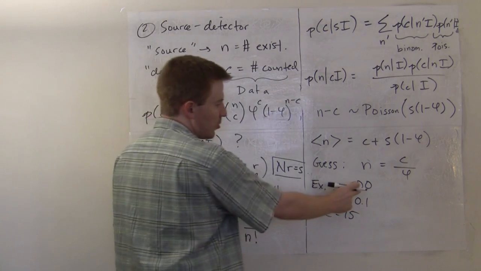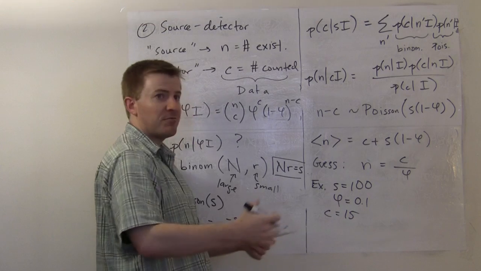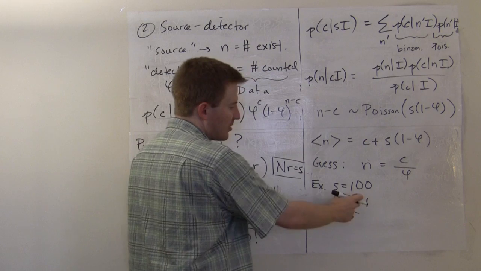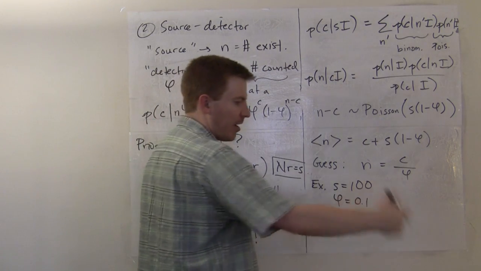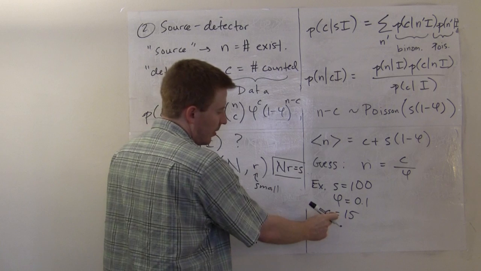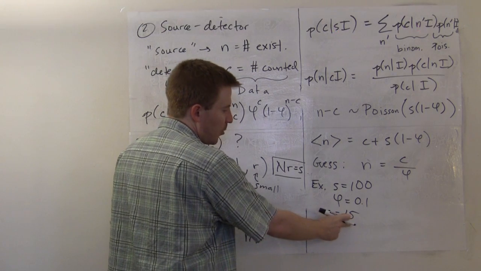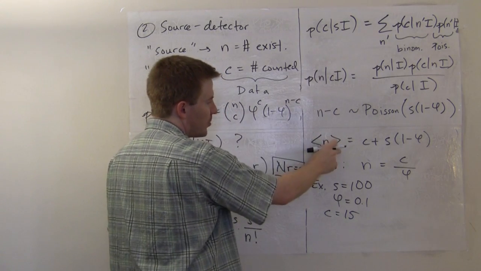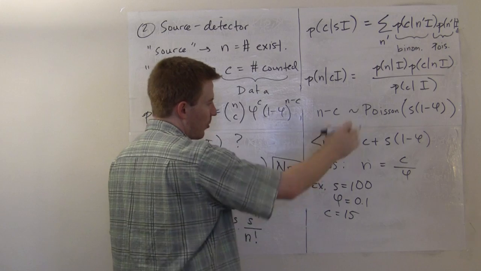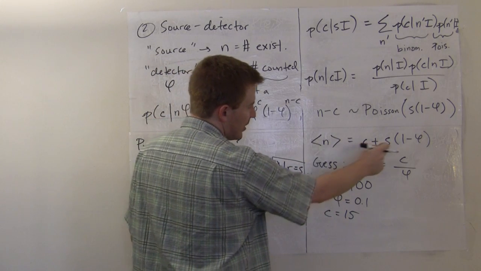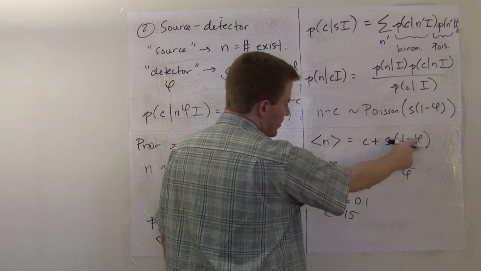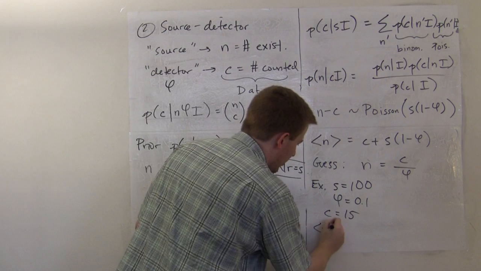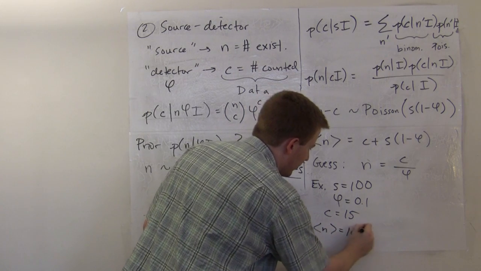right? So this is our source strength, but we know n can vary around that kind of mean value. We know that we get on average 10% of them, so we have this kind of compound randomization problem. And for a particular experiment, we got 15 of them. The value that we would use from this posterior probability distribution coming from the Poisson model would be 15 plus 100 times 0.9, so 90 plus 15, we'd get an estimated value of 105, right?